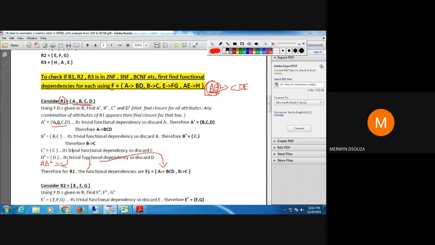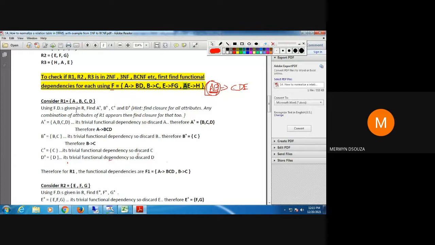Now if you look at any combination here, nothing remains. I cannot find any combination that I can take out of these attributes A, B, C, and D. Here there's just one attribute A, here just one attribute B, here E is there, which does not belong to R1, and here there is AE.